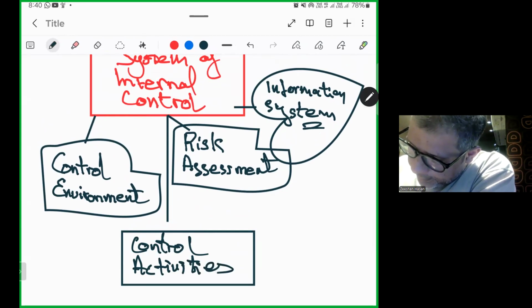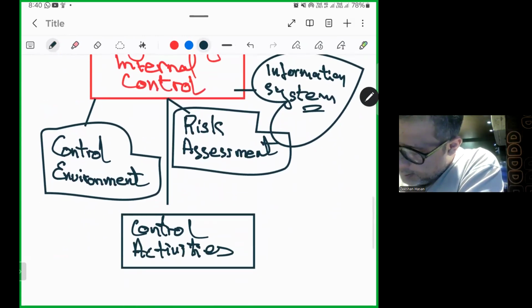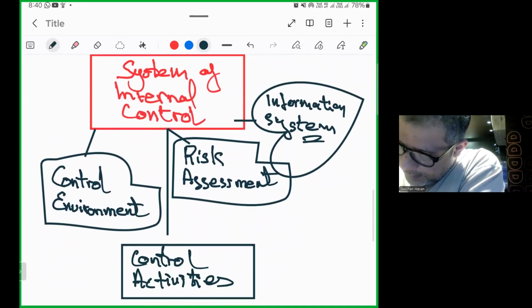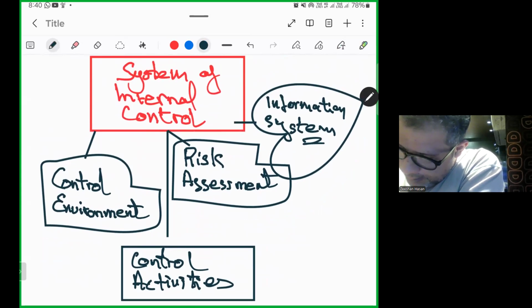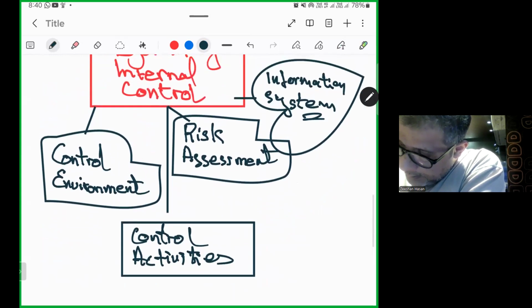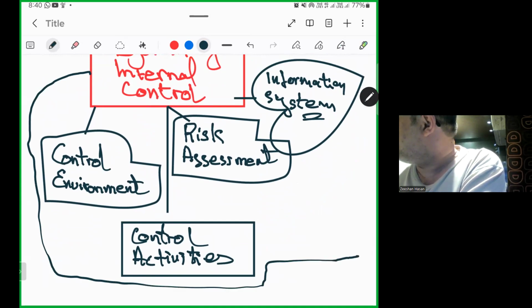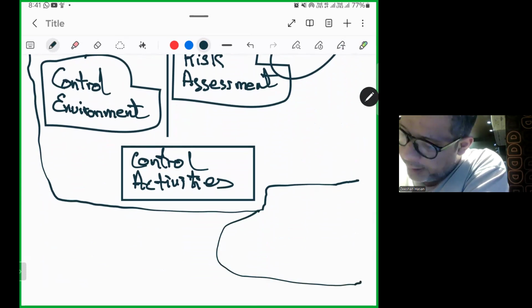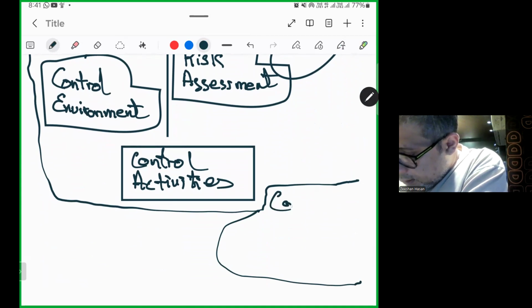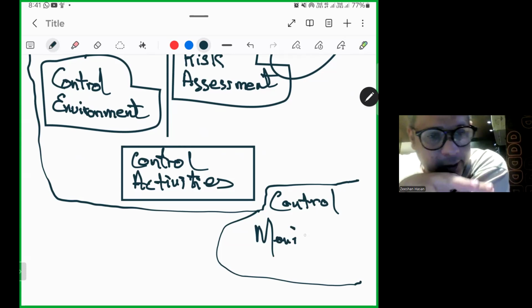And the last is control monitoring. These are the five elements.